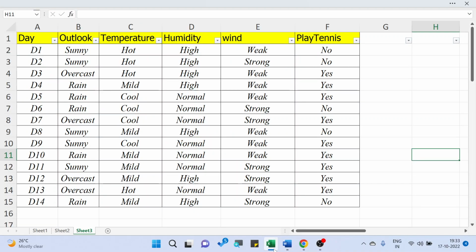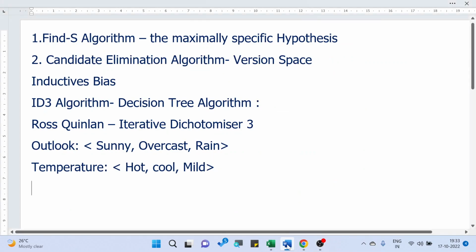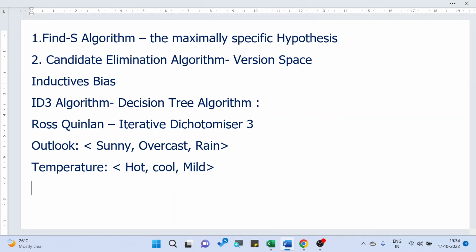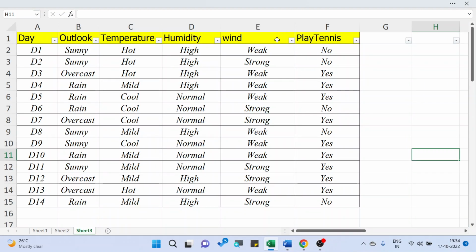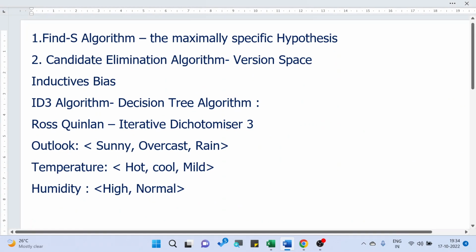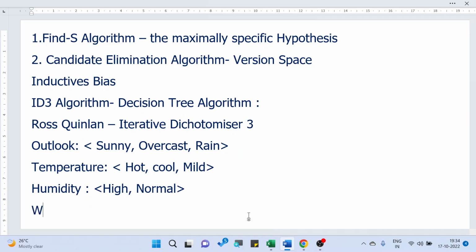Then the third attribute, humidity, has only 2 values if you see the table: high and normal. It is a binary attribute, 2 values. Then wind, 2 values, weak and strong.